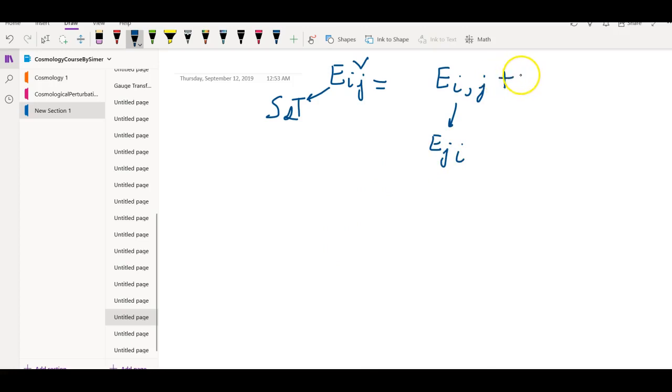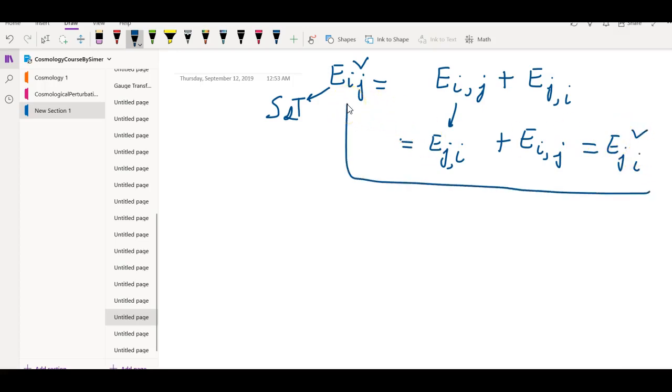However, if I add EJI to this, now you see this will not change. Now if I flip I and J, it is the same. Previously it was not the same, but now it is. So now EIJV is the same as EJIV. So now it is symmetric.